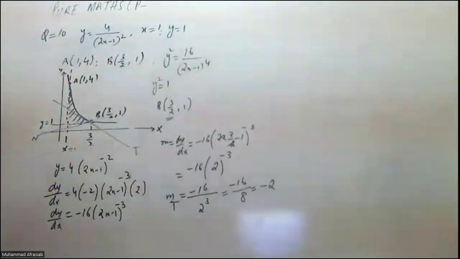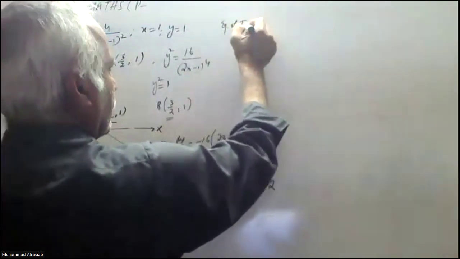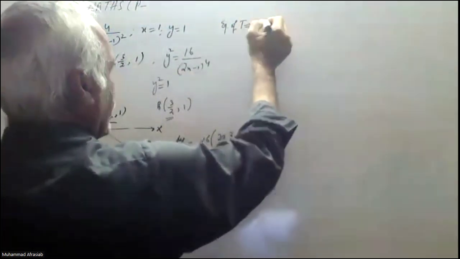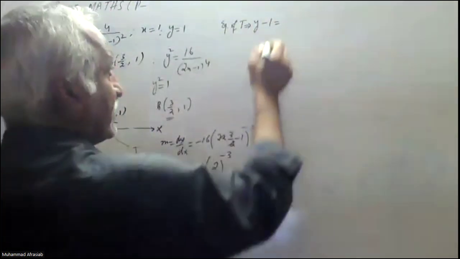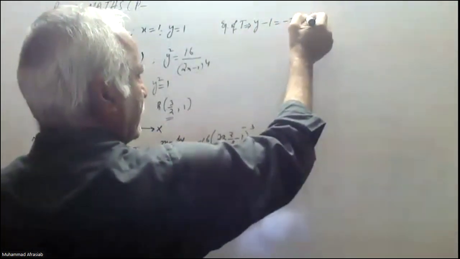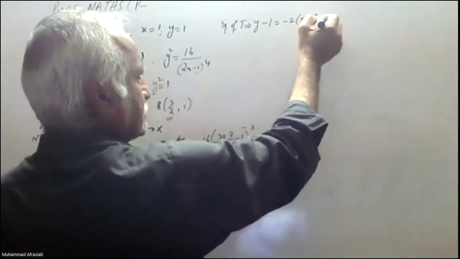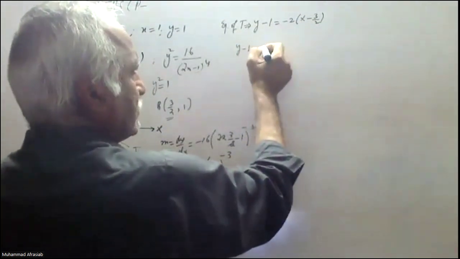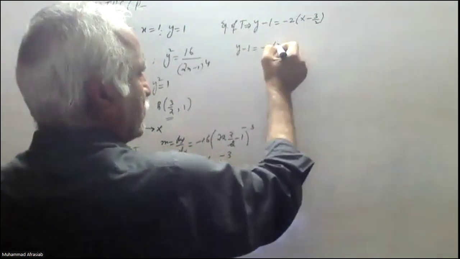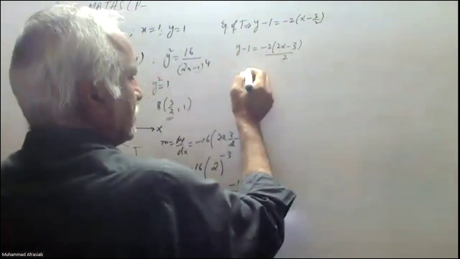Then the equation of this tangent there is y minus y1, that is 1, equal to m, that is minus 2, into x minus x1, that is 3 by 2. So this will become y minus 1 is equal to minus 2 into (2x minus 3) over 2.